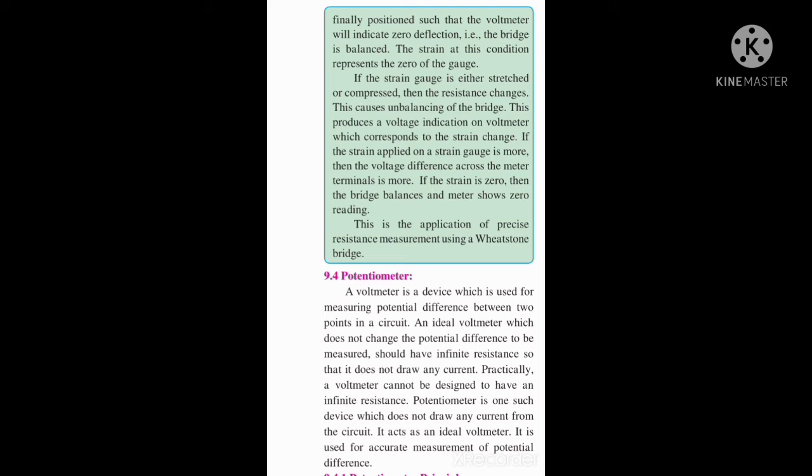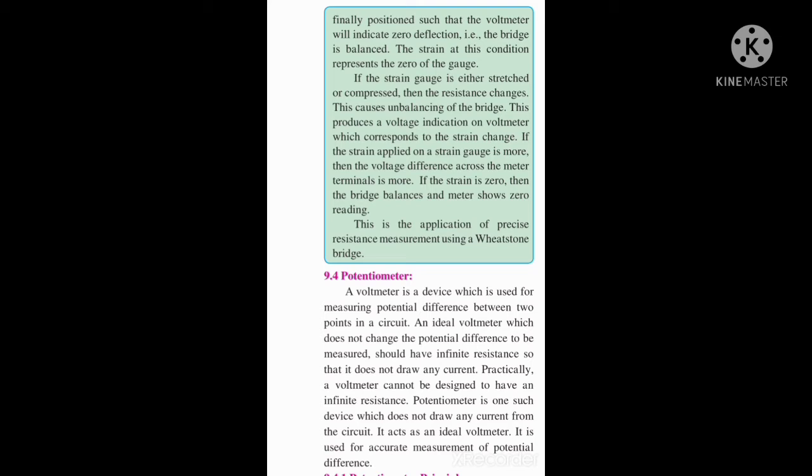If we compress or stretch the strain gauge, then there is a change in the resistance value which causes the bridge to be unbalanced, and due to this there is a change in the voltmeter reading, which gives us the change in strain value.